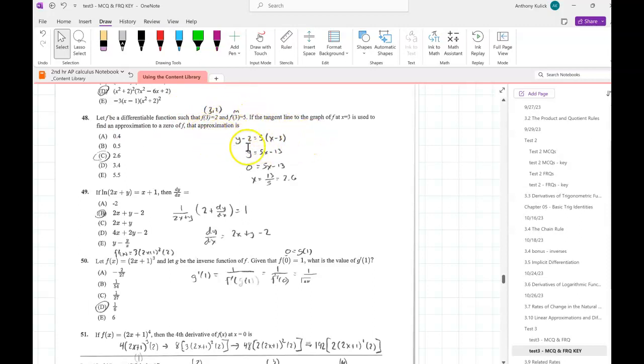And then I plug in 0 for y and solve for x. Remember again, a 0 is where the y coordinate is 0, where you're hitting the x-axis. So that's why I plug 0 in for y and then solve for x.